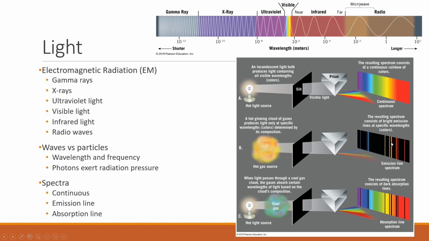When you have either emission, where we're allowing it through, or absorption, where we're not allowing it through, these are going to be at specific frequencies, and we can use that to determine elements. So we can use this type of spectra, emission and absorption, to determine what elements are present in a star, for example. And that's very, very useful for planetary studies.